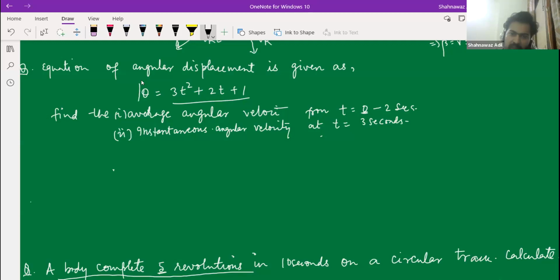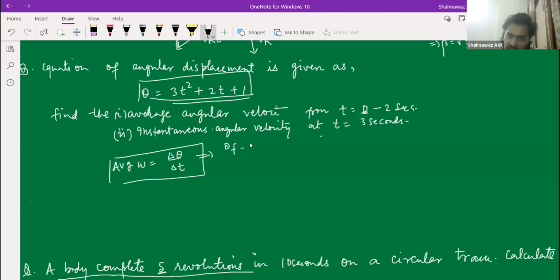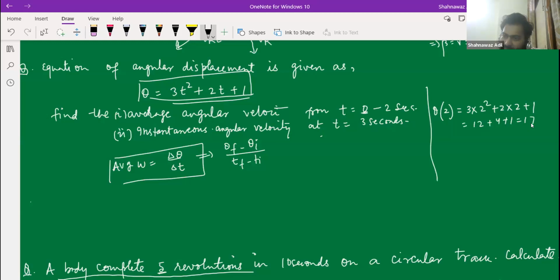So we have this parametric form of theta, and how can we calculate the average angular velocity, average omega? That is delta theta by delta t, right? Which means theta final minus theta initial divided by t final minus t initial. So what is theta final at 2 seconds? This is 3 into 2 squared plus 2 into 2. We just put the value of time in here, right? And this is how much? 3 into 4 is 12, plus 4 plus 1. So this is 17.